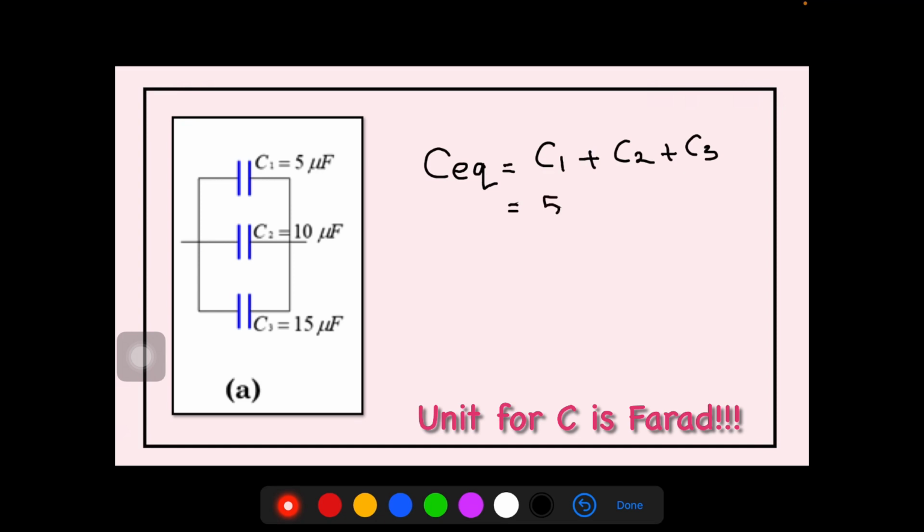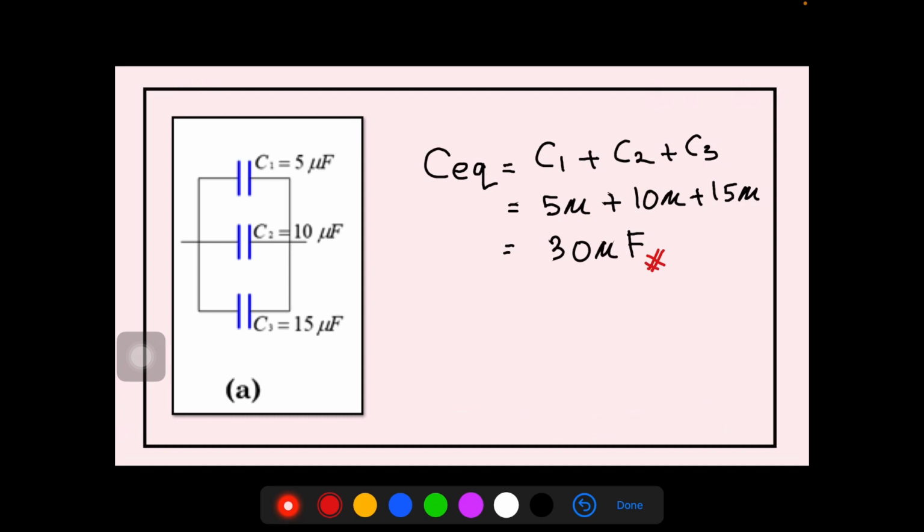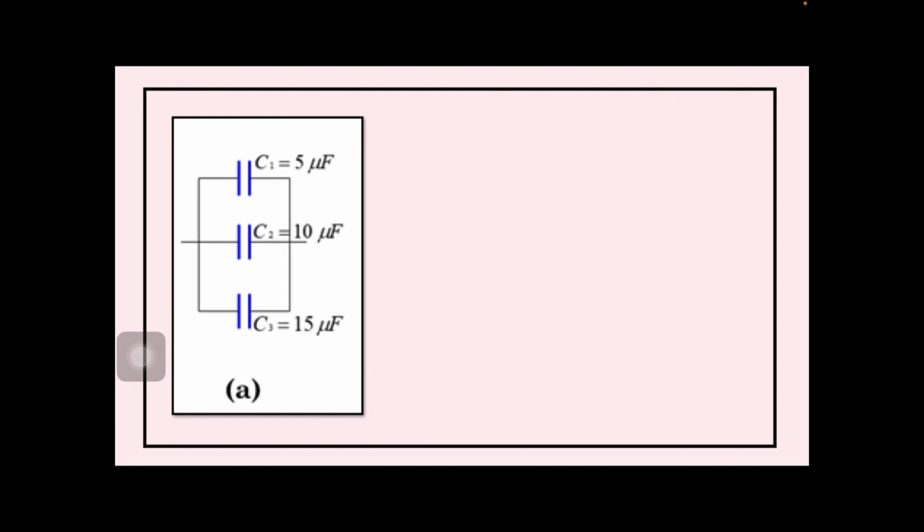C1 is 5 micro plus 10 micro plus 15 micro, 30, so it is equivalent to 30 microfarad. The unit is farad. So in parallel, the total capacitance is given by the sum. We just add 1, 2, 3, and then we get 30 microfarad.